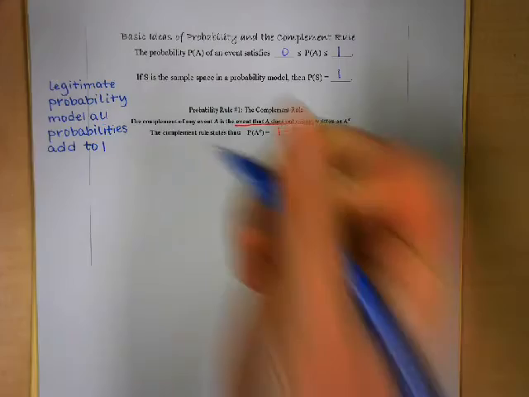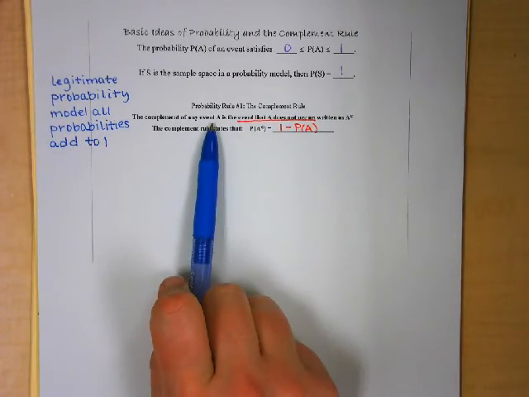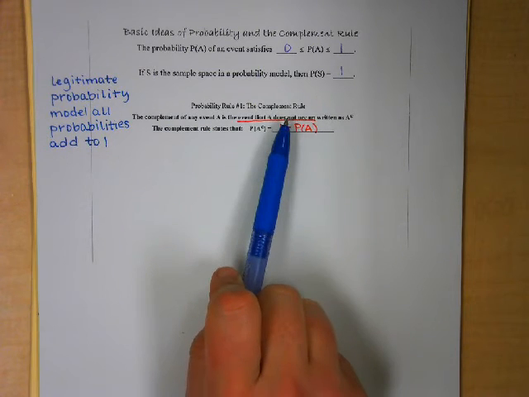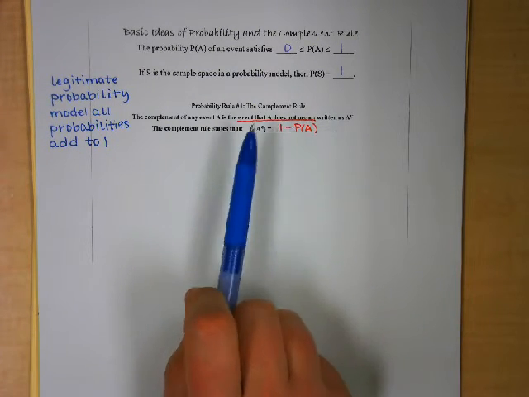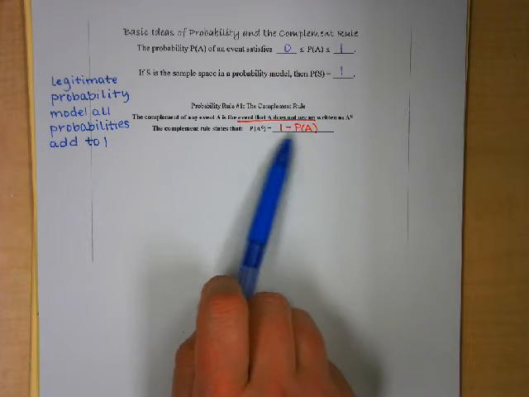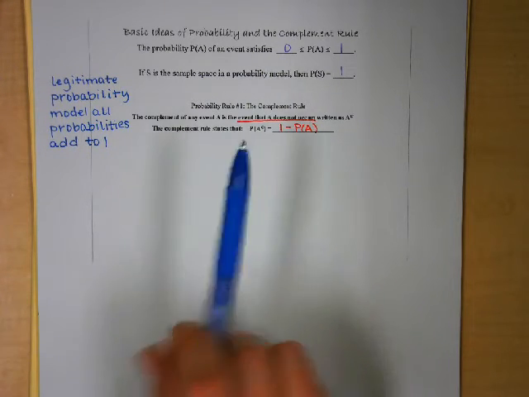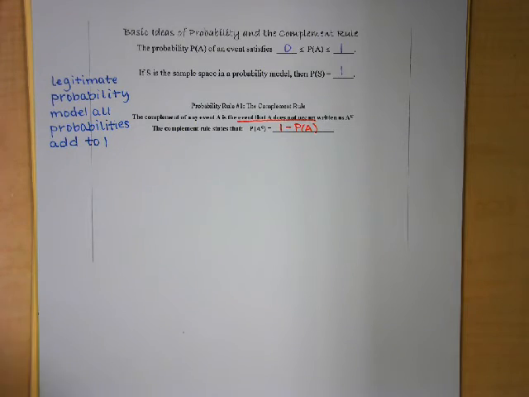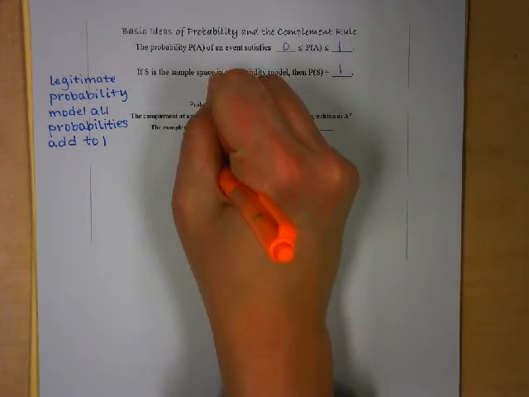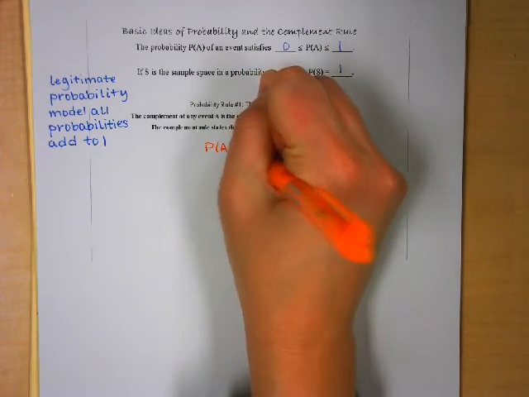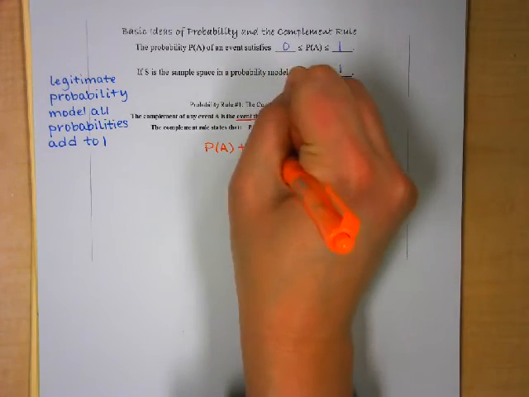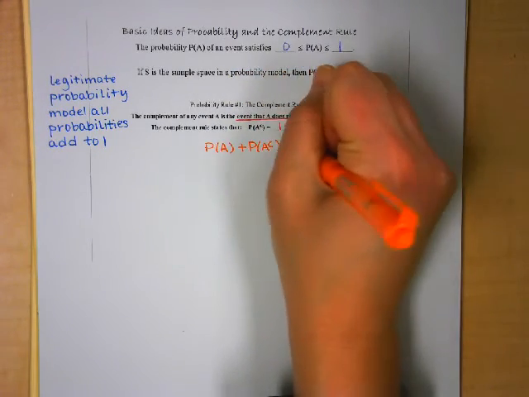So the probability of event A and the probability that event A does not occur need to add to 1, which is why we can subtract from 1 to get our complement answer. Another way to think about that is that the probability that A happens plus the probability that A does not happen is equal to 1.